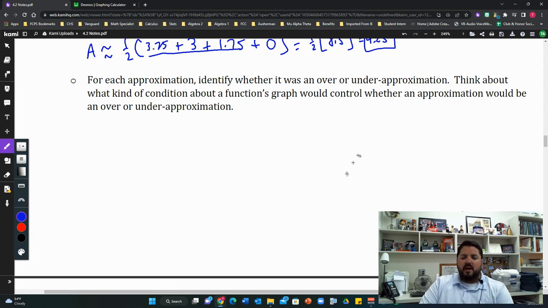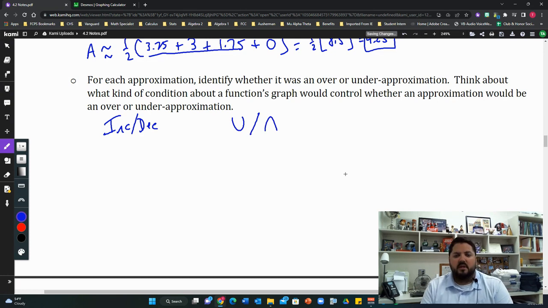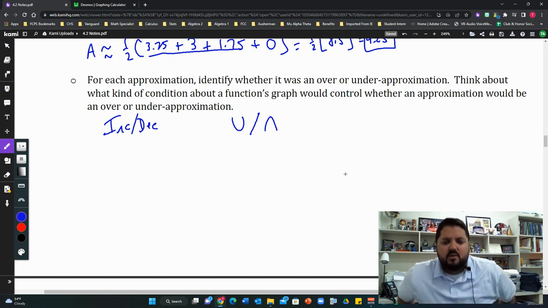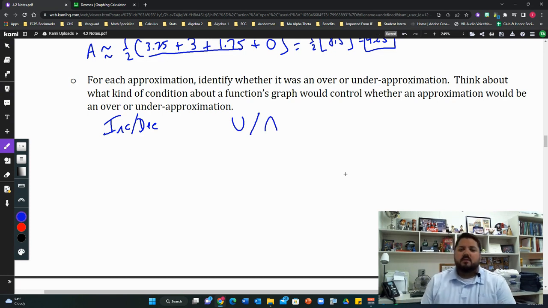If you think about the information about graph shapes that we've already talked about, the two main things are whether a function increases or decreases, and whether a function is concave up or concave down. One of these things is the controlling factor in making this decision. So let's do a little exploration here.